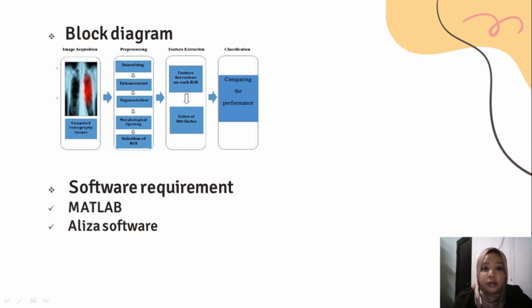For software requirements, they are MATLAB and ALIZA software. MATLAB is a high-level language specialized for processing, typically used for incorporating math calculation, algorithm advancement, simulation and others. MATLAB allows solving of numerous specialized issues. ALIZA software is known as the Medical Imaging and DICOM Viewer.